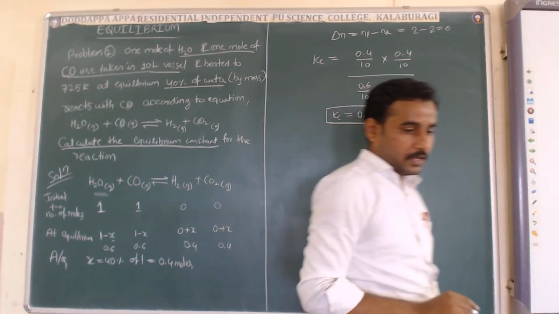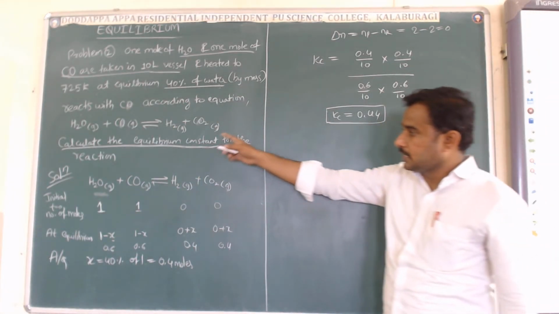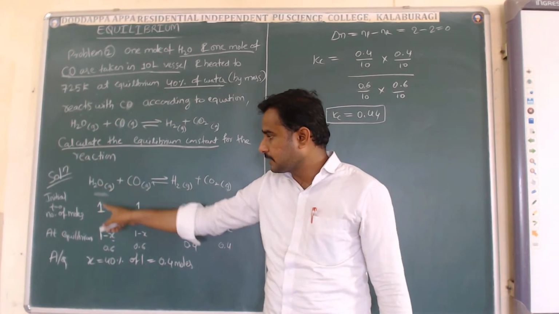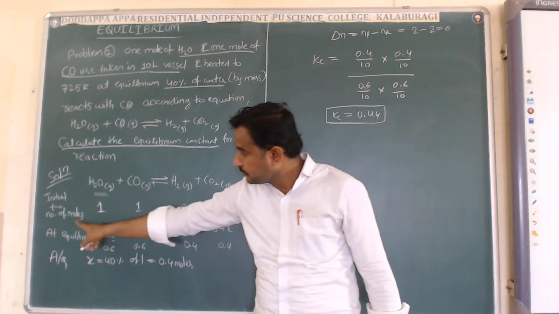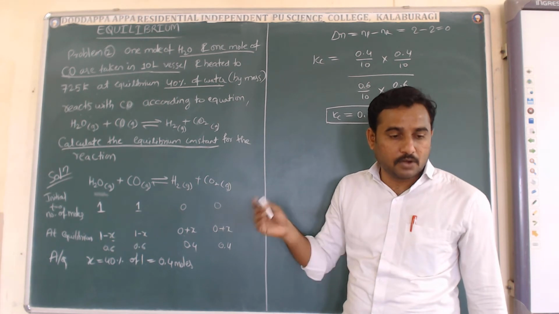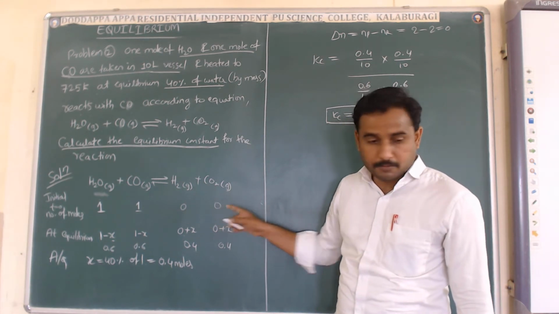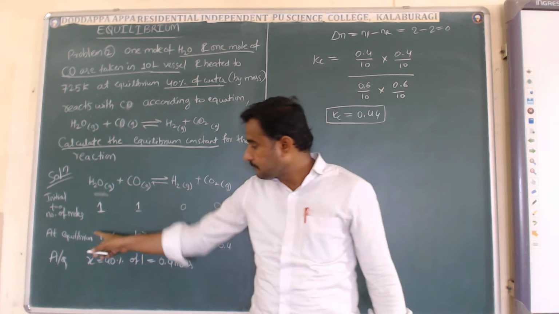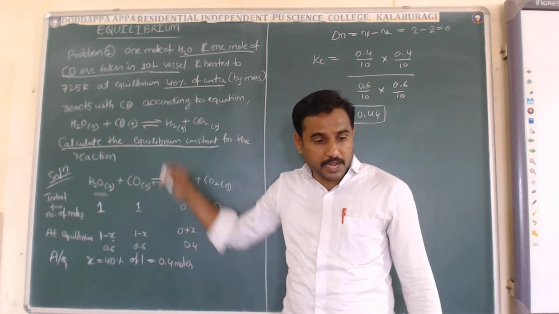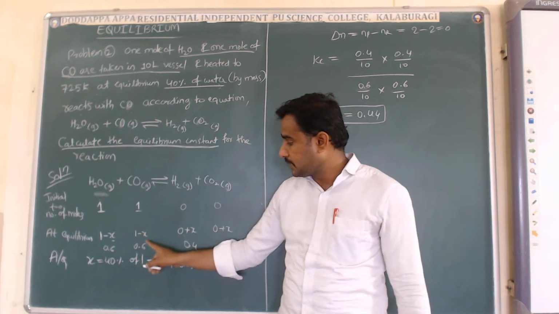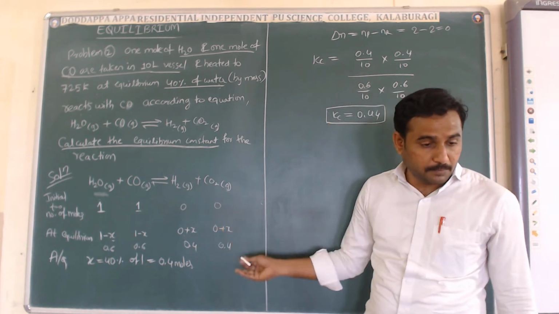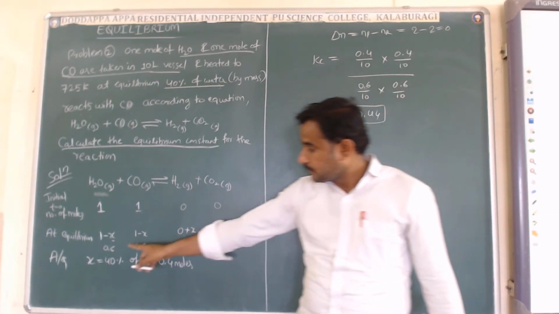Okay, I will explain once again. Here first I have taken H2O, the first reaction. Initial concentration, reactant side, I have taken 1 mole. Product side, it is not formed yet, so the number of moles is 0 here. Next, at equilibrium, 1 minus x, because x moles will decrease. The reactant always decreases. On the product side, 0 plus x, the product concentration increases. How do we take 0.6 mole?